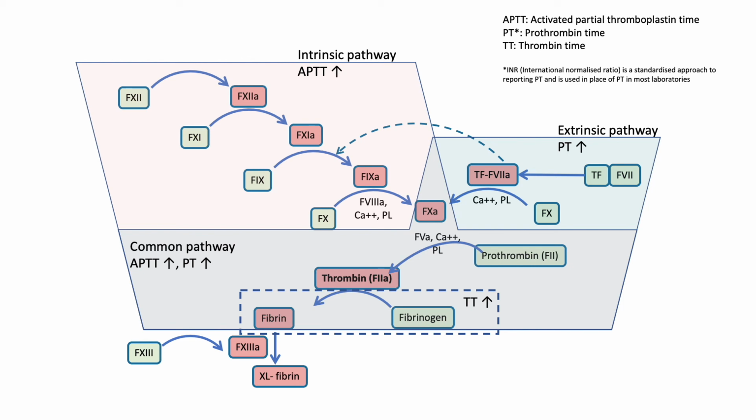Prothrombin, factor V, and factor X deficiencies affect the common pathway. The thrombin time, meanwhile, is a test to detect fibrinogen problems, and it is prolonged in cases where the fibrinogen is low or abnormal.